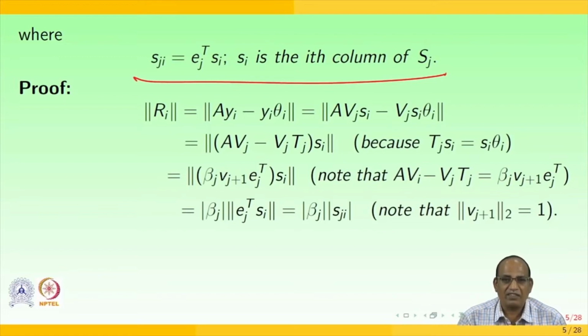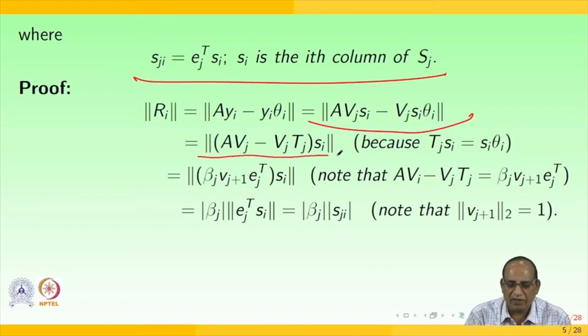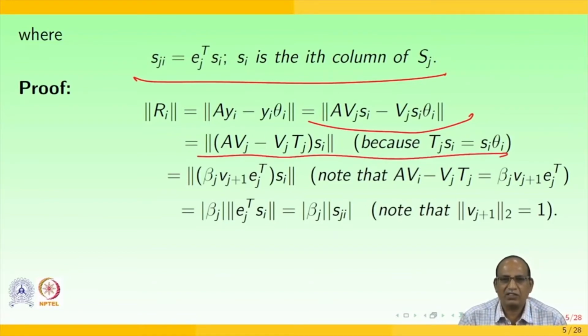Norm of Ri is equal to norm of A yi minus yi theta i, that will be equivalent to A Vj Si minus Vj Si theta i. So that will be equivalent to norm of A Vj minus Vj Tj Si, because Tj Si is equal to Si theta i.